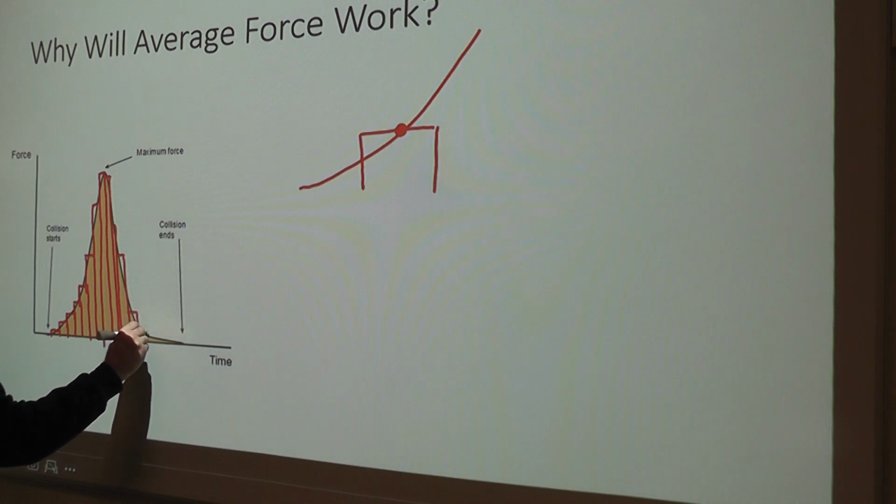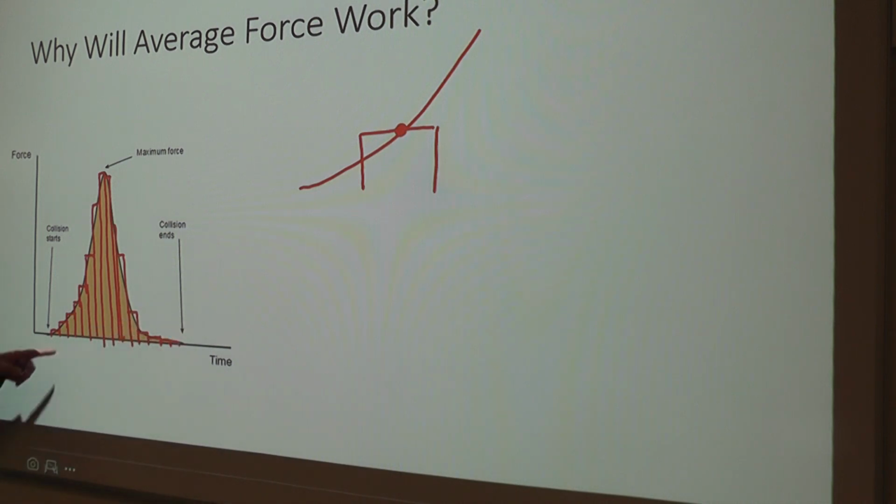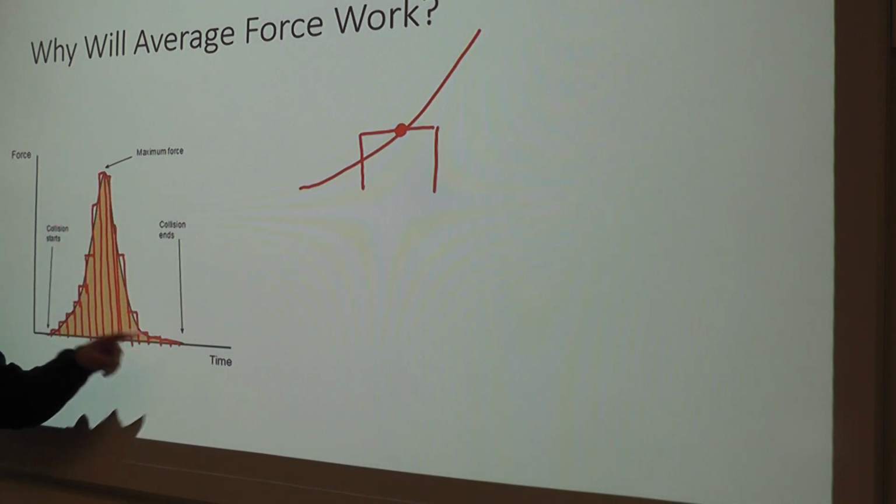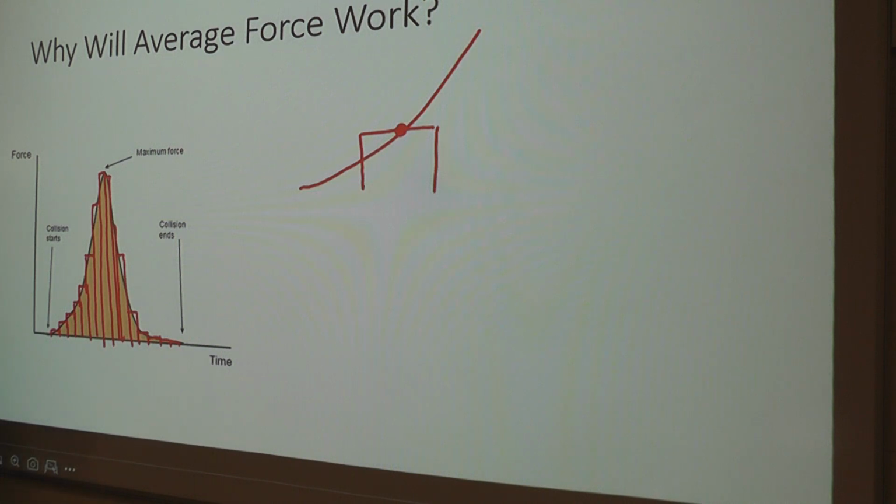And what you can see when you do this is that each one of these rectangles is going to have an area equal to the average force in that section times the amount of time that goes by. So every one of these rectangles is average force multiplied by time. And if we want to find the overall average height of all of these rectangles, we could do that as well.